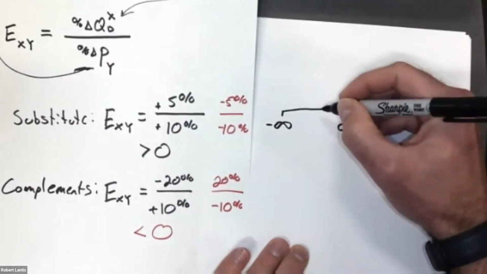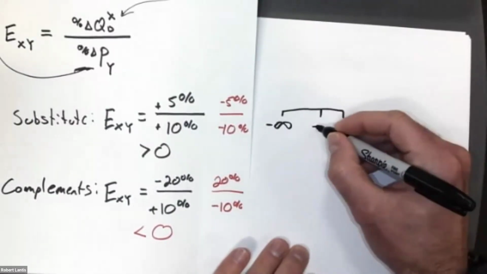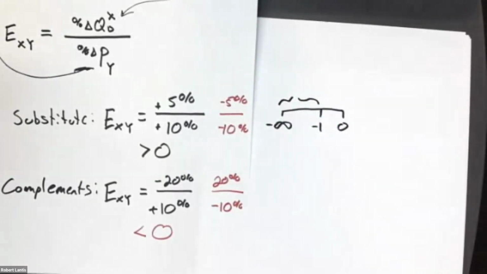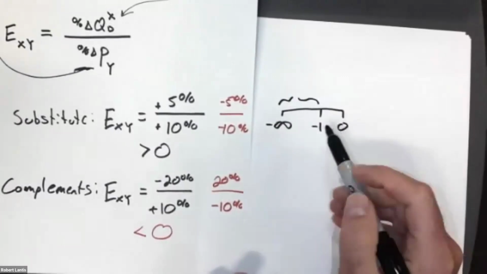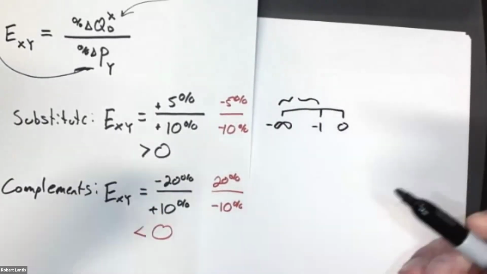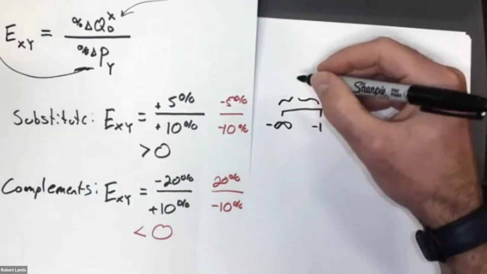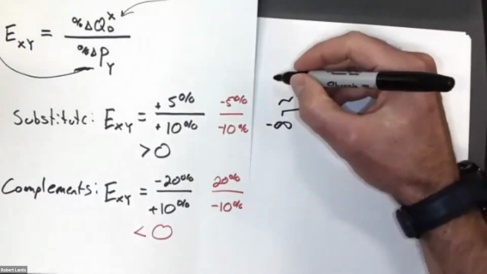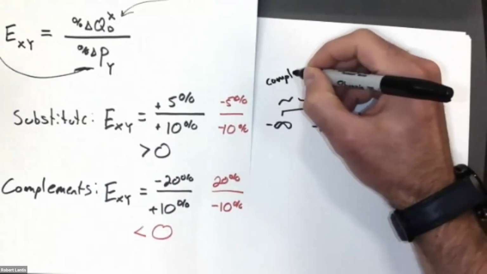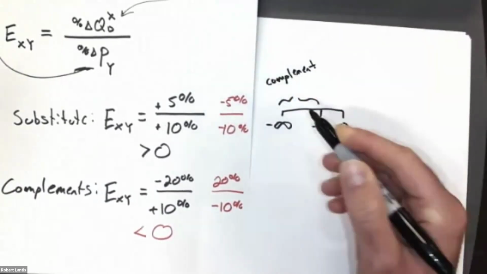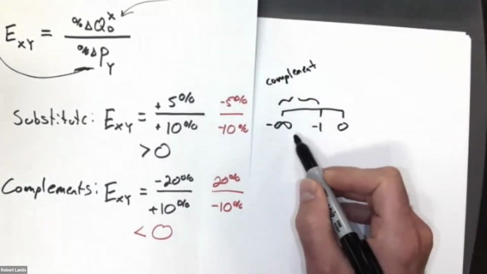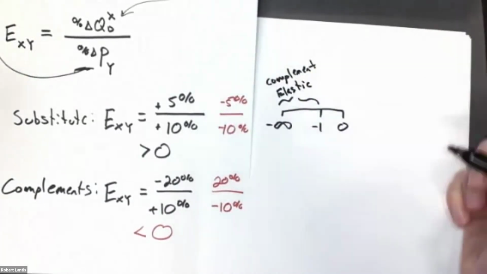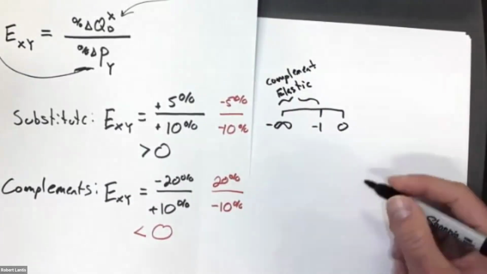Well, between negative infinity and -1, if I have an elasticity that in absolute value is greater than 1, this would be a complement. But if it's greater than 1 in absolute value, we would also say that this cross price elasticity is elastic.